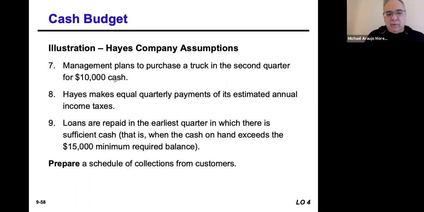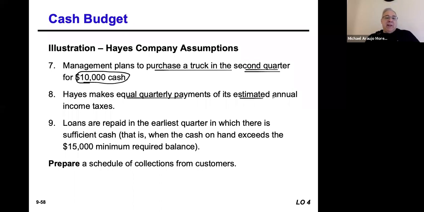A little bit more information here. They want to buy a truck in the second quarter, and they're going to need $10,000 cash to buy that truck. So that's a need for cash in the second quarter. Hayes makes equal quarterly payments of its income taxes. And that's true for every business.